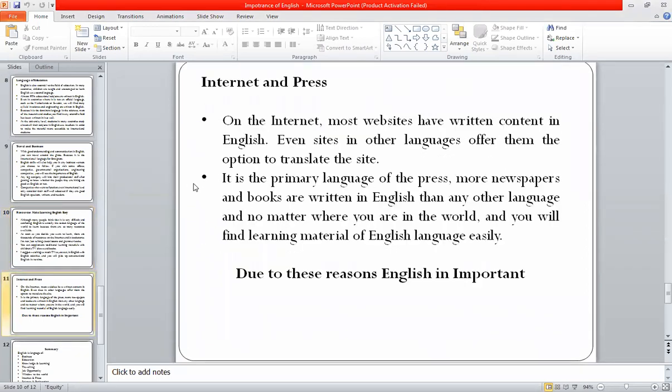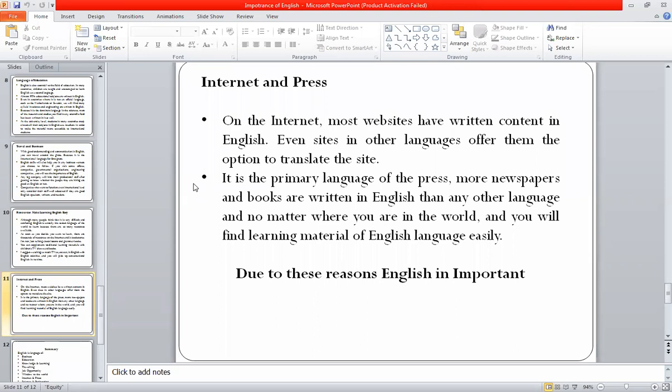Then see the next slide. It is also the language of internet and press. So you know that you are accessing the internet each and every day. You use Google as a search engine.